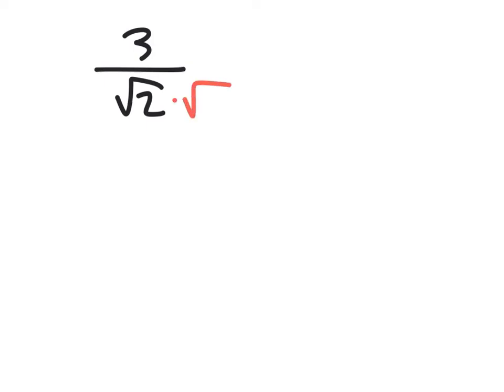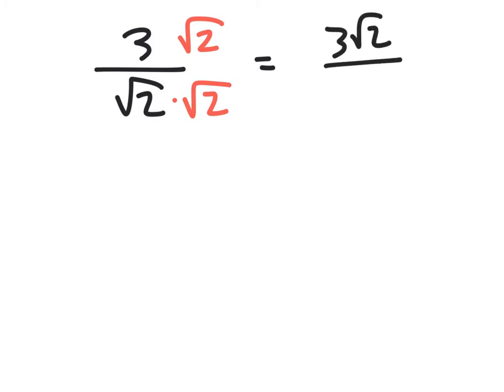So if I multiply by the square root of 2, both top and bottom, because I can do anything I want to a fraction as long as I do it to both top and bottom, because that would be like multiplying by 1. It doesn't really change it. It'll just change the way it looks. So if I multiply both top and bottom by the square root of 2, I will end up with 3 square root of 2 over 2, and that's an acceptable answer.